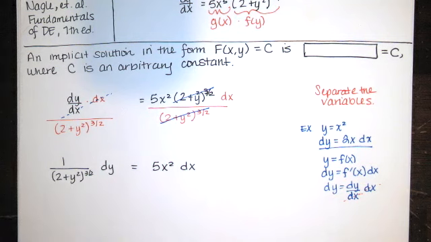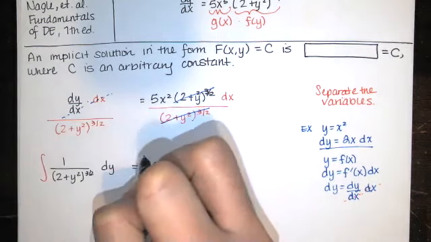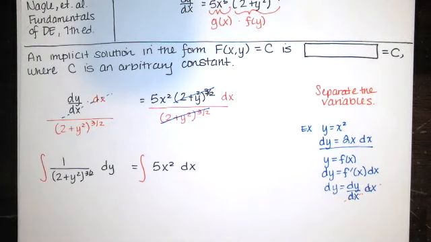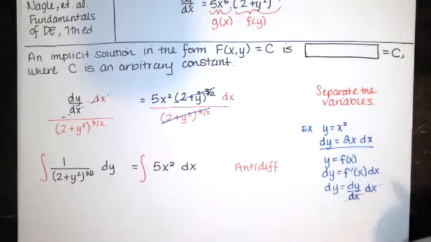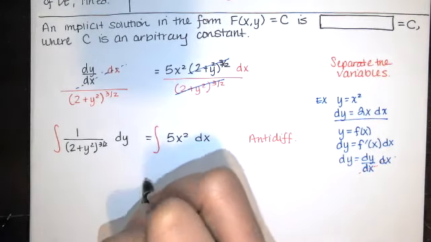Now, if you had a dy over that, that would be fine as well. But I like to write it in this way so that I can see what that integrand is. So after we have separated the variables, all we do is anti-differentiate each side with respect to the variable that is on that side. Now this side is really easy, so I think I'll do that first.